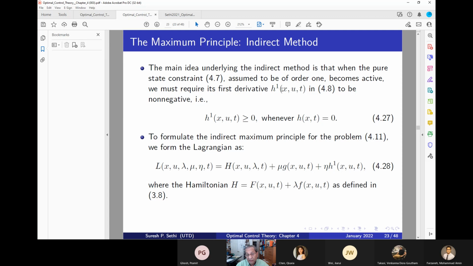We can only control the constraint by its derivative. So what we're trying to say is that when h(x, u, t) is at the boundary, we would like this first derivative h^1 to be bigger than or equal to 0, so that it gets pushed back into the interior or stays on the boundary, but does not go to the other side. That's why, as you can see here in 4.28, we applied a multiplier eta to h^1.